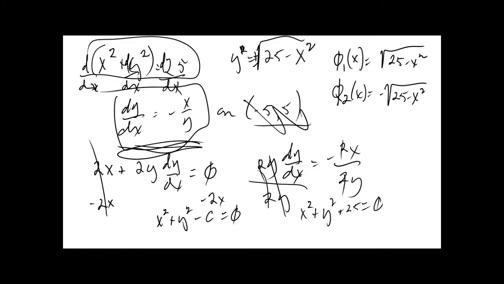Try that and see if you can ever get that to work. You can't, because if x is 0 and y is 0, you got 25. Any other value, you got something greater than 25, okay? So you're never going to equal 0.